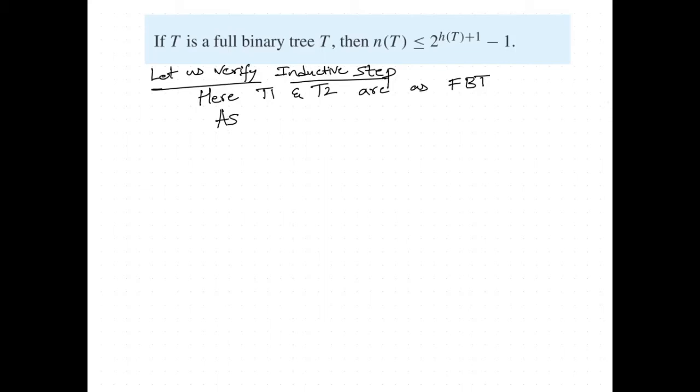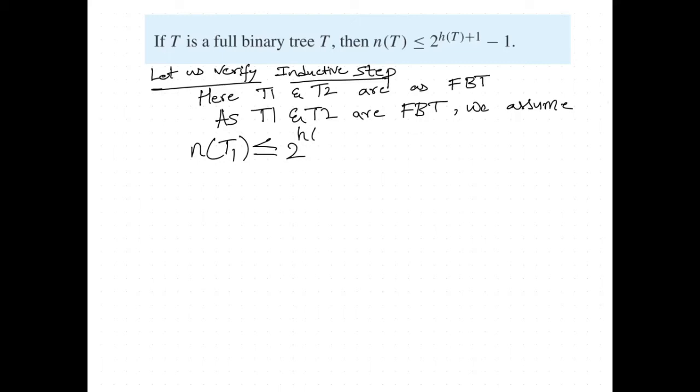As T1 and T2 are full binary trees, we assume n of T1 is always less than or equal to 2 to the power of h of T1 plus 1, minus 1. Why am I writing it like this?